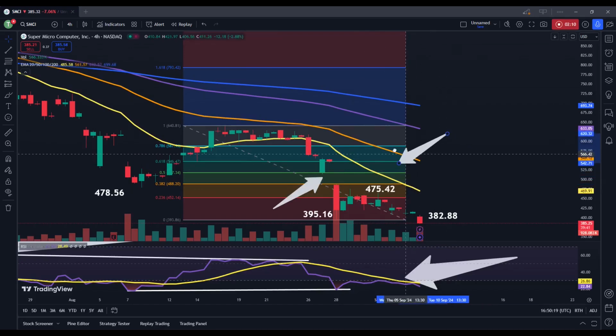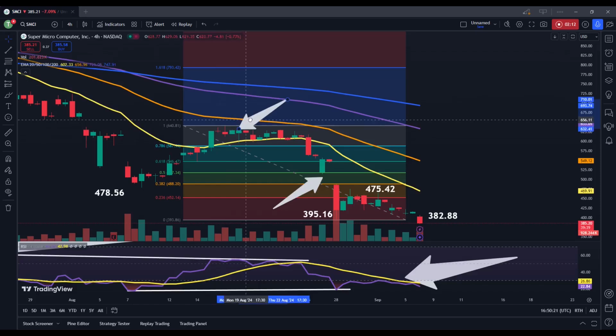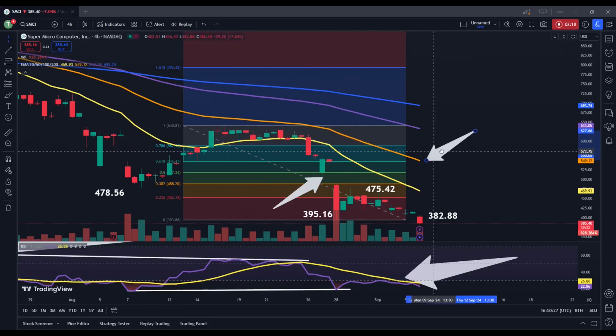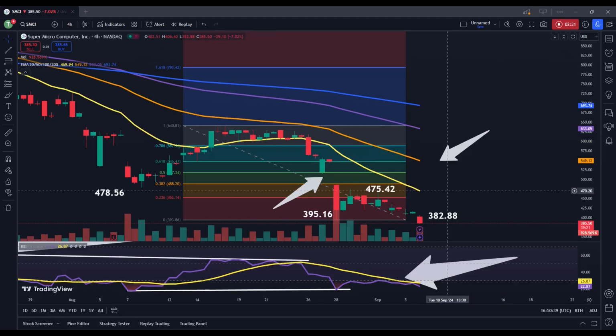We have seen small situations where share prices did get a bit of a bounce, breaking above the 20-period exponential moving average, but most of this activity was occurring before the Hindenburg report, the short seller report, which accused Supermicro Computer of engaging in manipulation practices with its accounting figures. So we have since then seen a response from the company, but this isn't doing anything to help the stock rally from these lows.